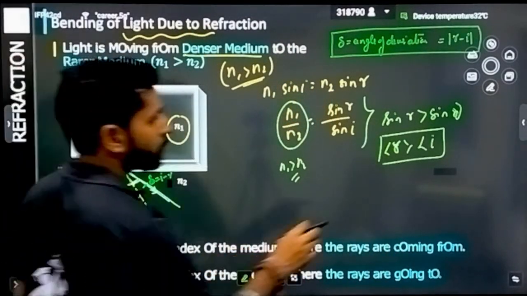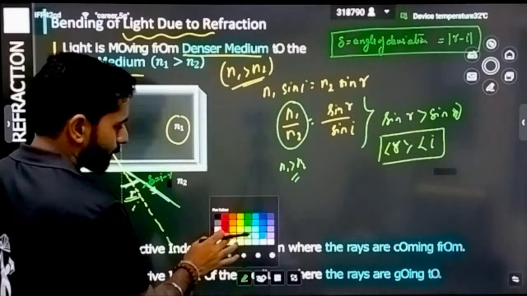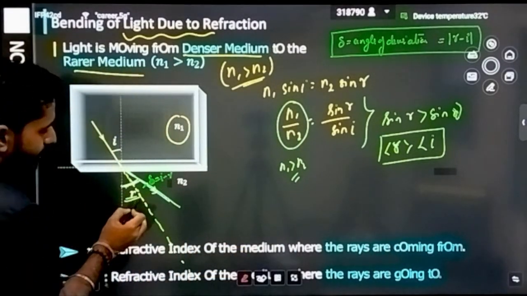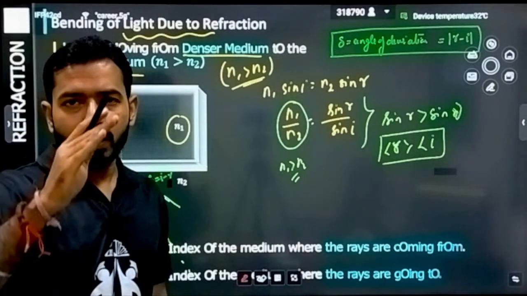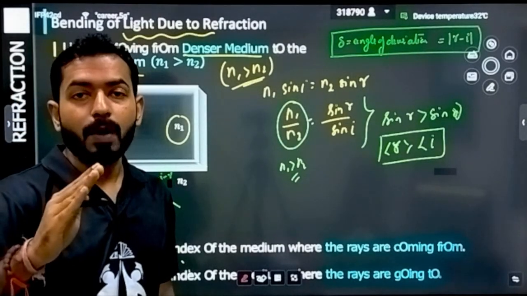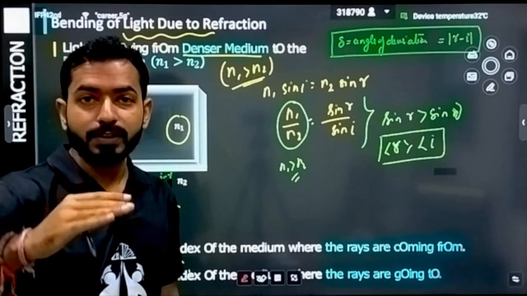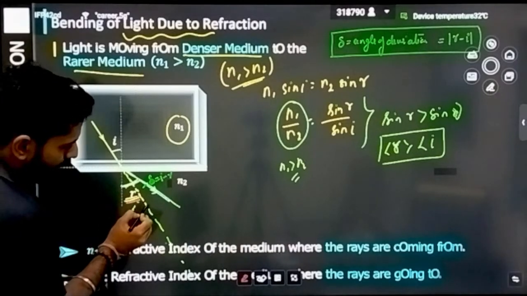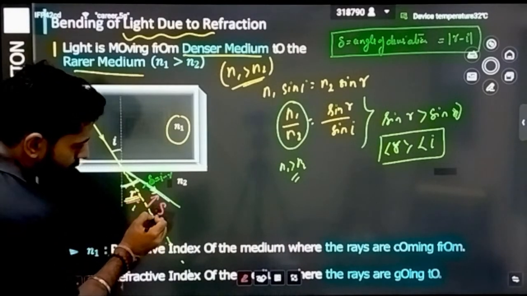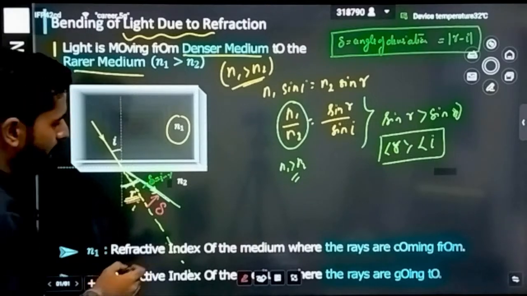And now if I ask you about deviation, how will you write deviation? See, this is the angle of incidence. That means what is deviation? Basically, I've told you that from the normal incident path, how much angle it has deviated, how much angle it has changed. So this was the normal ray that was going. The light ray has changed this much of path. This angle is called deviation. How can I write it?